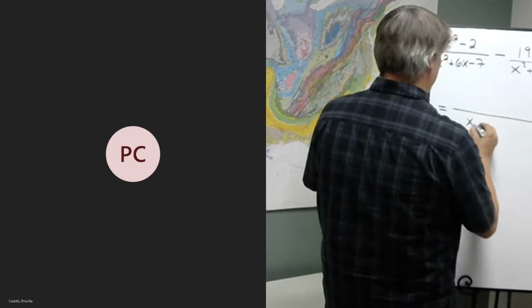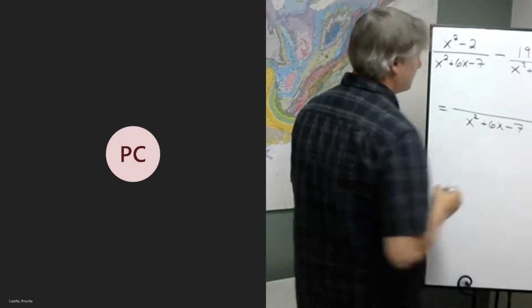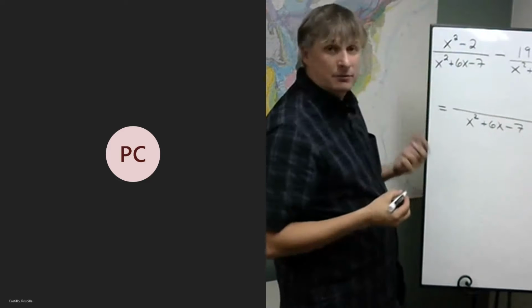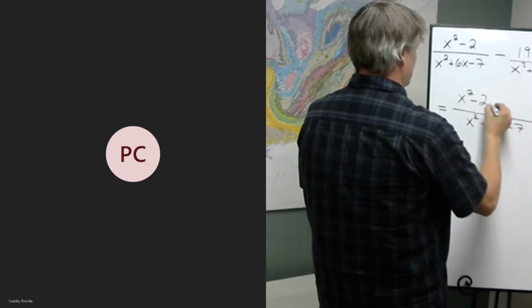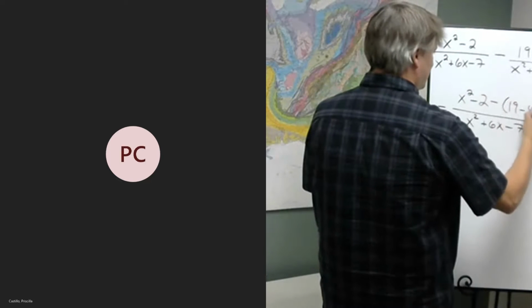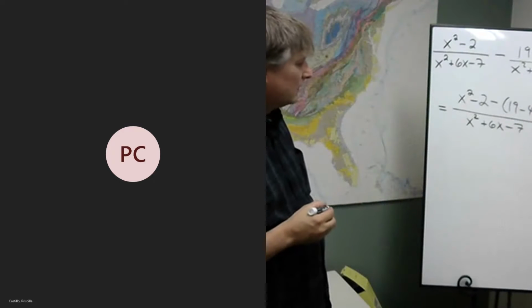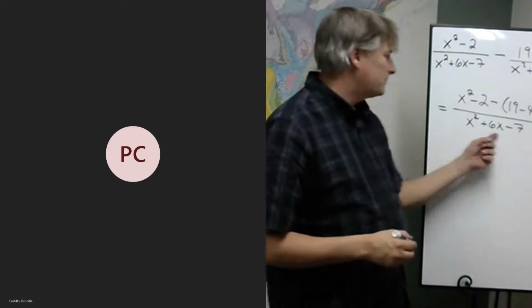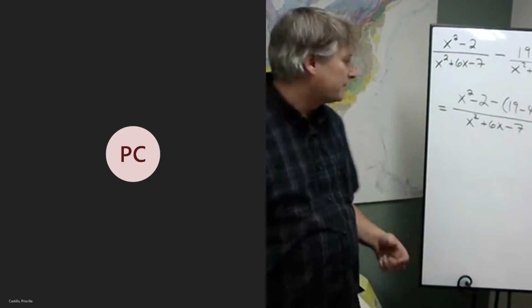We keep this denominator, and then we subtract the numerators. So we're subtracting this entire numerator, not just the 19, the whole thing. Now, what we should do is factor the denominator. It'll help us look for something we can factor out.